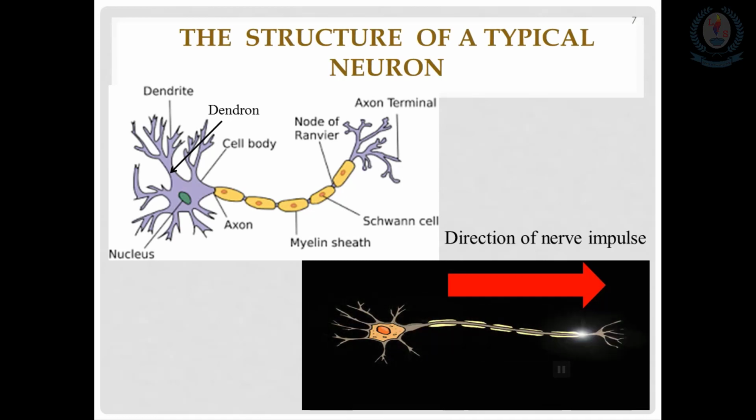One of the extensions from the cell body is much longer than the other dendrons. It is the fiber that carries impulses to the effector organ, and it's known as the axon. It serves as the primary communication pipeline from one end of the neuron to the other.